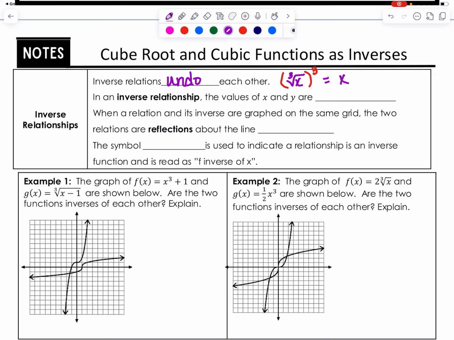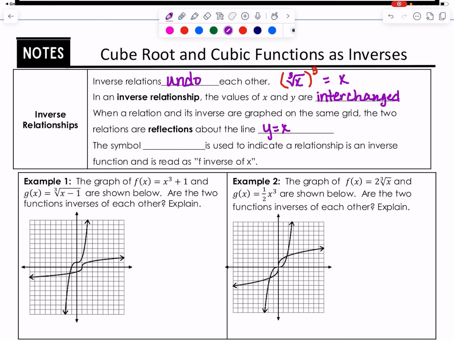Now, in an inverse relationship, the values of x and y are interchanged. And when we graph a relation and its inverse on the same grid, the two relations are reflections about the line y equals x.